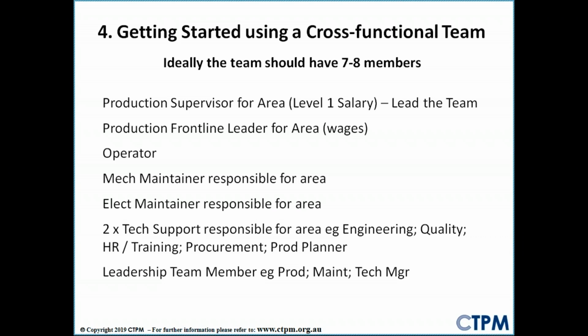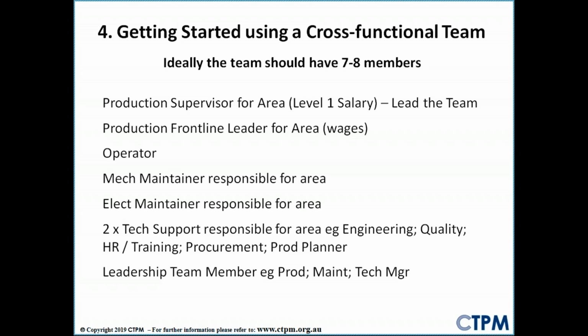Who should be in a cross-functional team to go and look at all the losses and start doing improvement? What we find is that the best makeup of teams, which we have developed over the years of doing a lot of these cross-functional teams, is that, one, we want about 7 or 8 members.